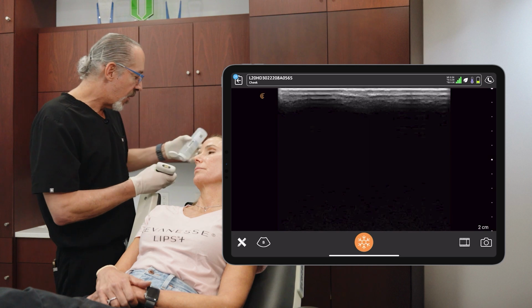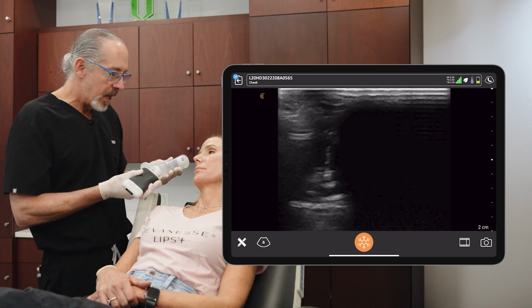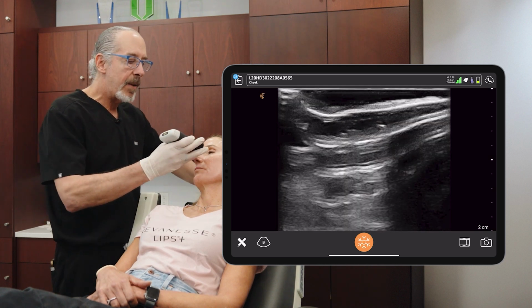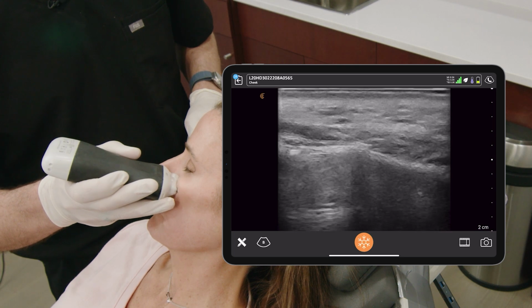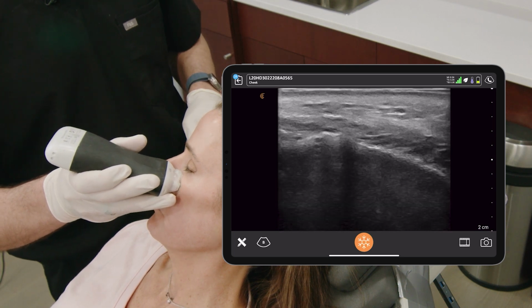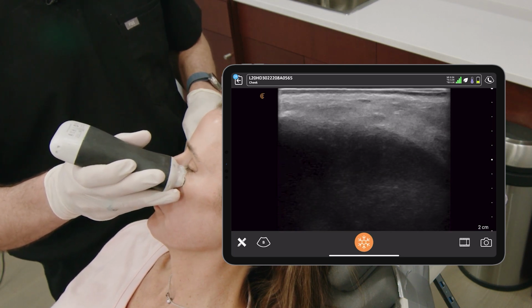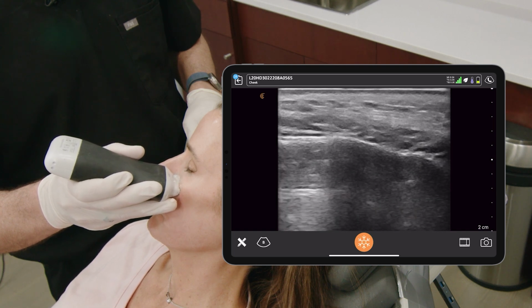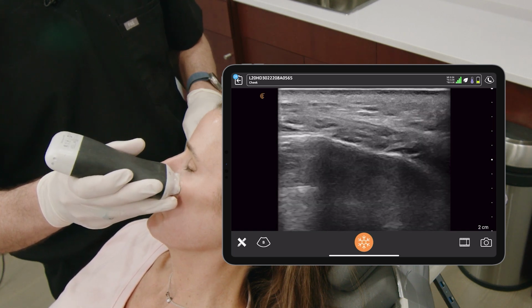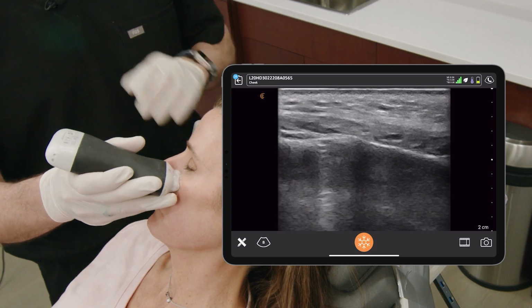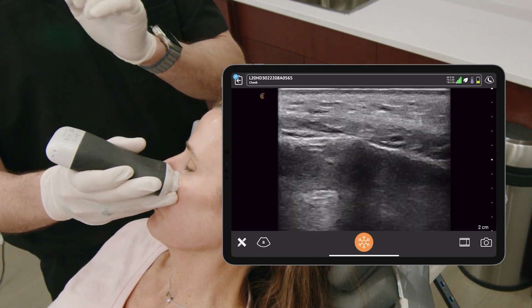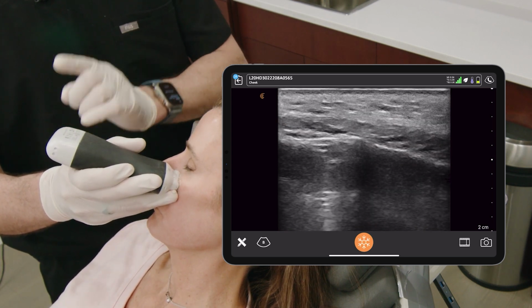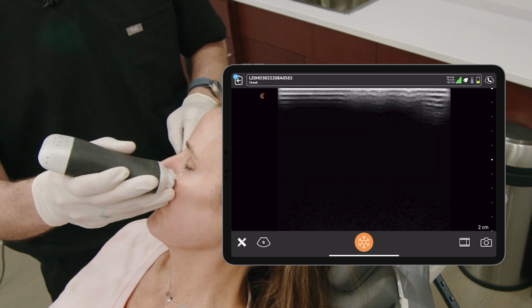So let's look for the infraorbital foramen. So that's going to be a break in the bone. So the typical infraorbital foramen is going to be 8 millimeters from the orbital rim in the midline, mid-pupillary line.